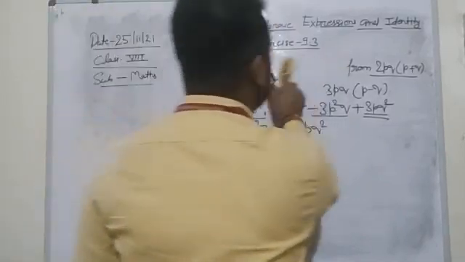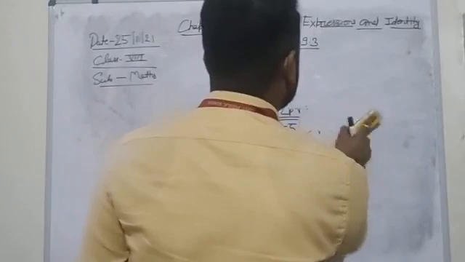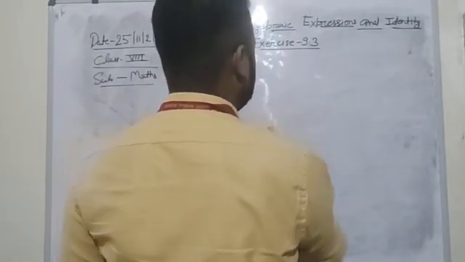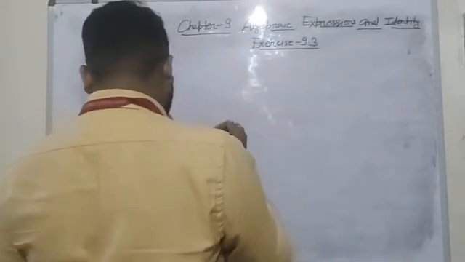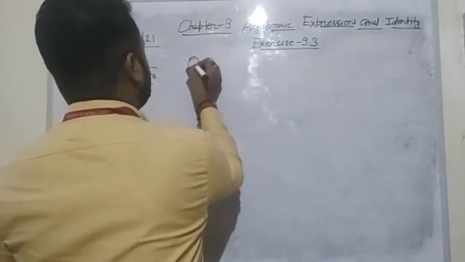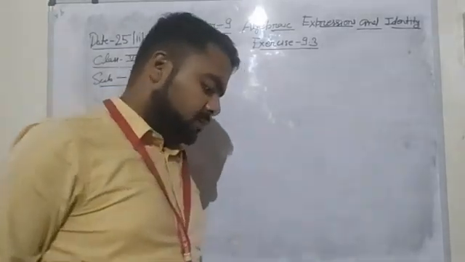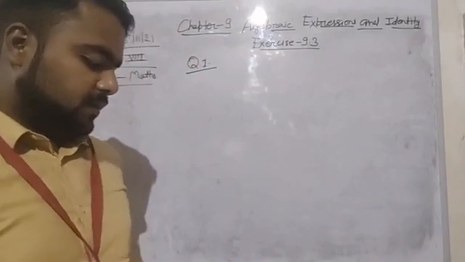I am going to solve some questions of the exercise. Question number first. The instruction is: carry out the multiplication of the expressions in each of the following pairs.